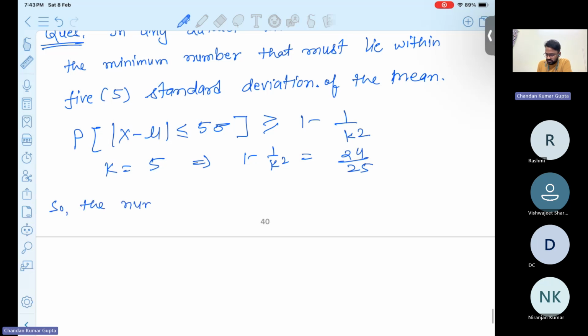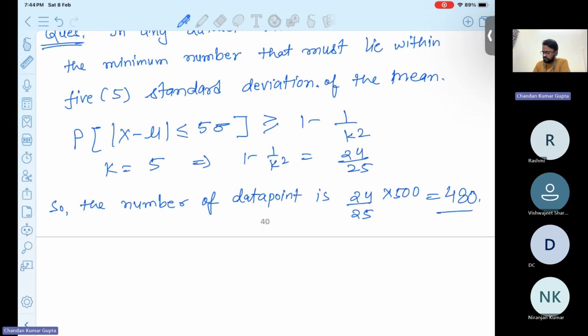The number of data points is 24 upon 25 of the whole data. And this comes out to be, can anyone tell me? 480, no? So 480 data sets lie within the 5 sigma limit.